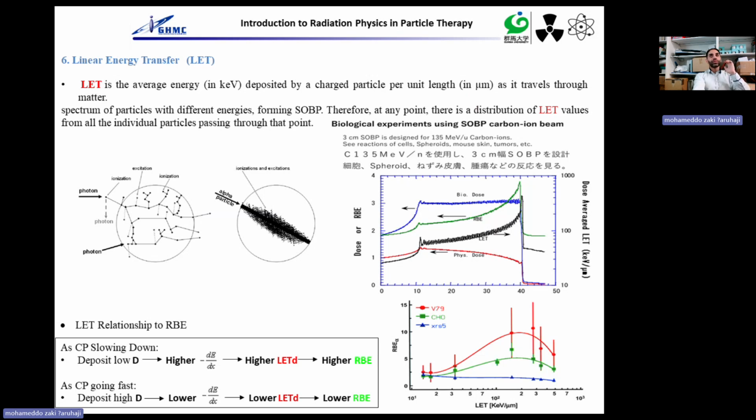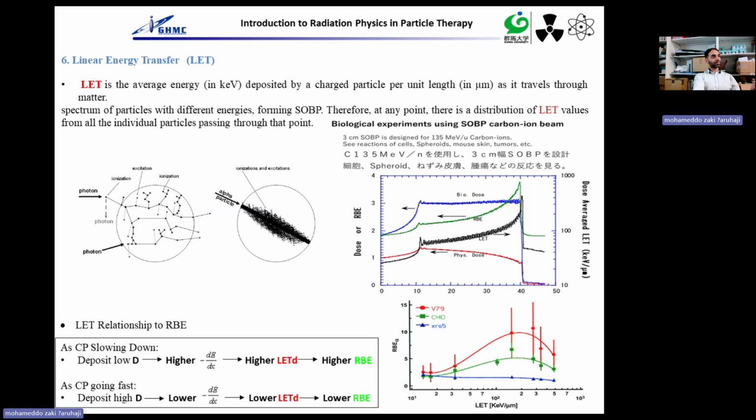And the difference between carbons and protons is also in LET, because LET for carbon is higher, which means this is the biggest advantage of carbons out of all of them, because for photons, first the LET is very low, second the RBE is low too.